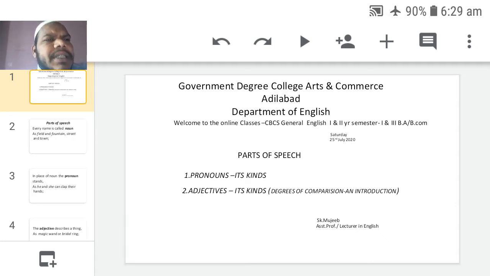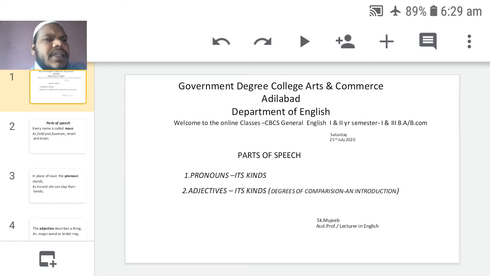And we have seen that based on usage and functions in a sentence, these words are classified into different parts of speech, which are nothing but noun, pronoun, adjective, verb, adverb, preposition, conjunction, and interjection.